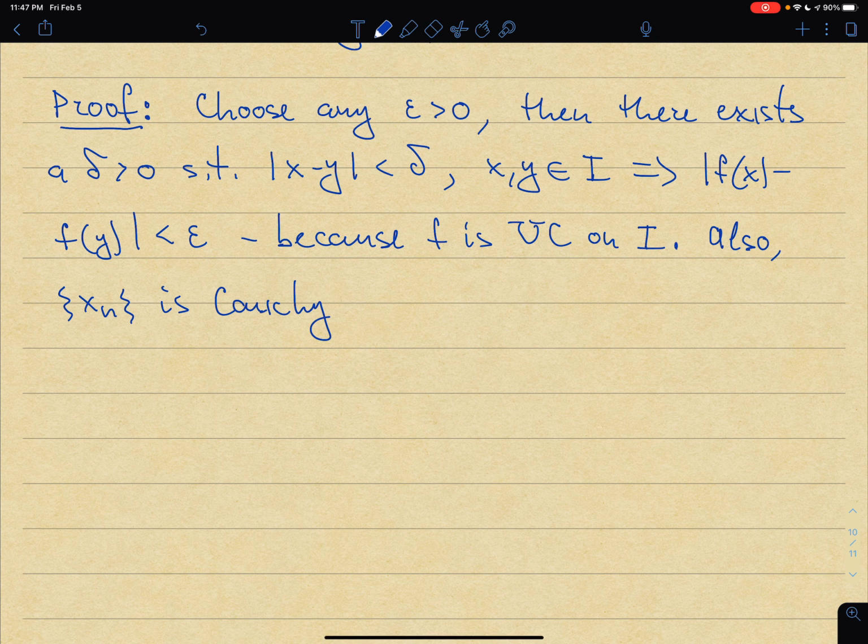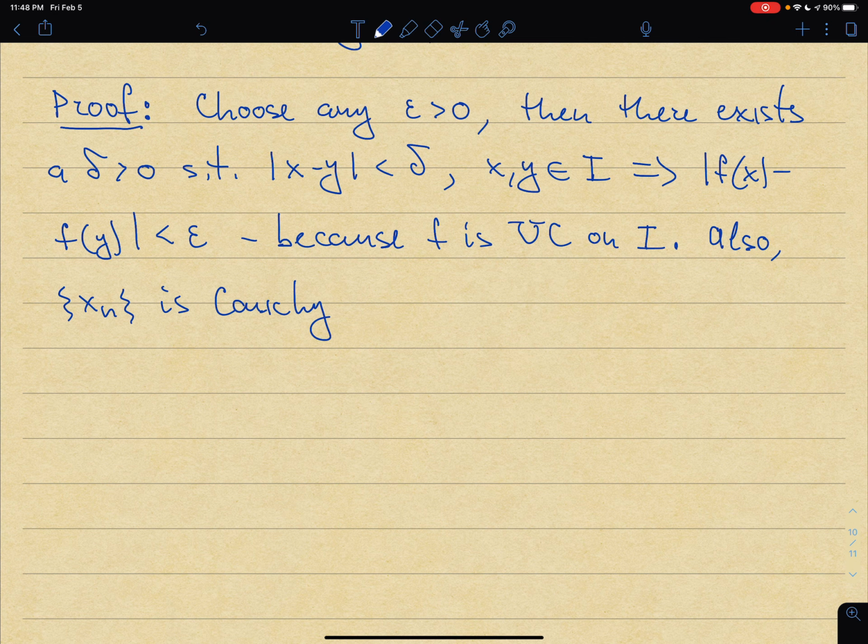Now, if I would like to make f of x minus f of y less than epsilon, I have to keep x minus y less than delta, right? Eventually, if I want to prove that my sequence f of xn is Cauchy, what I would need to do is to demonstrate that f of xn minus f of xm is going to be less than epsilon as long as n and m are bigger than a certain number, right? That's the definition of Cauchiness.